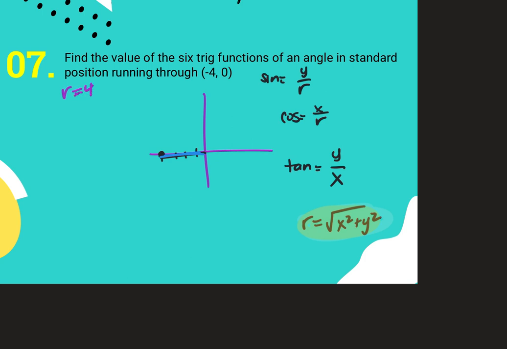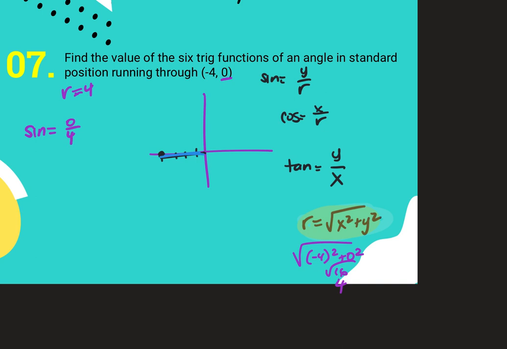If I went up 4, right 4, down 4, or left 4, the radius would still be 4. I'd get the same answer by doing the square root of negative 4 squared plus 0 squared, square root of 16, which is 4. So now the sine is the y coordinate of my coordinate point, which is 0, over 4.